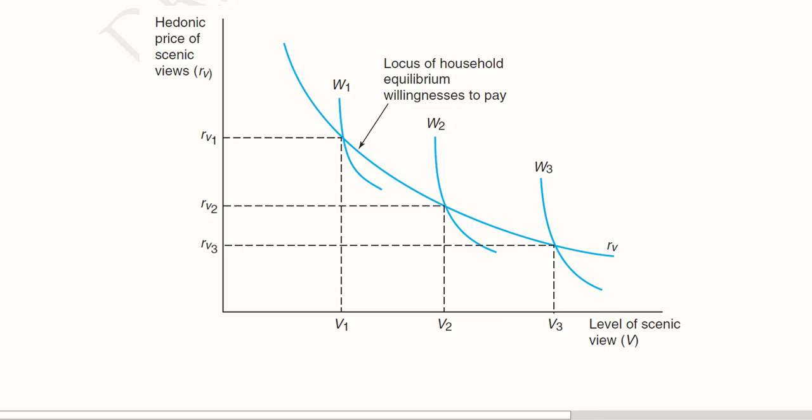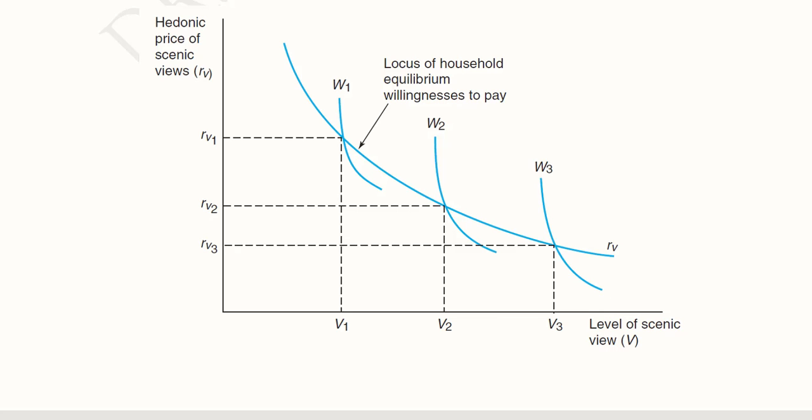So this helps us to get 3 points of intersection and to show the equilibrium, because this line is showing the hedonic price, or the rate of change with respect to scenic views, and this is the inverse demand function. In other words, the price is here, the quantity is here.